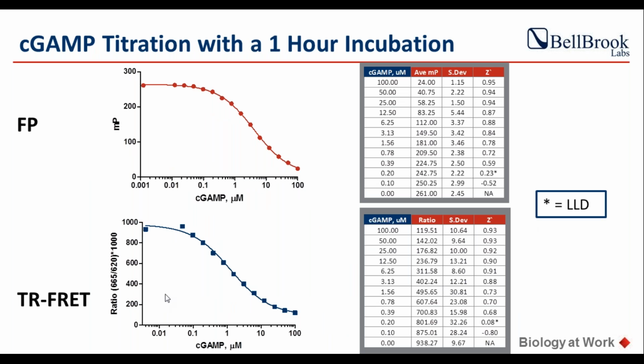With that, we decided, okay, let's run a cyclic GAMP standard curve and see how it pans out. Now, once again, people who are familiar with Transcreener assays in general, say if you have used a Transcreener ATP assay or AMP assay, we typically give you a starting antibody concentration.